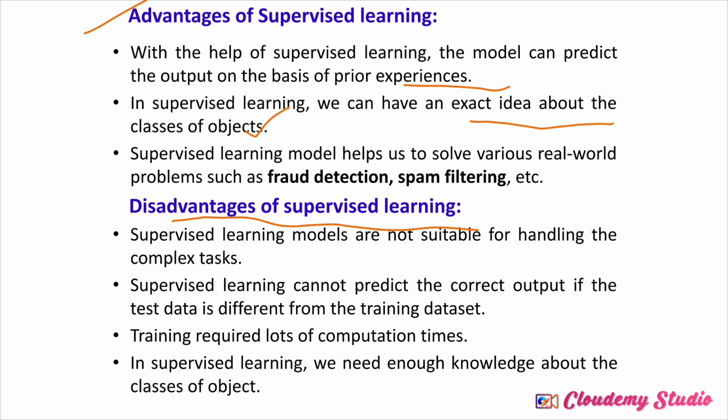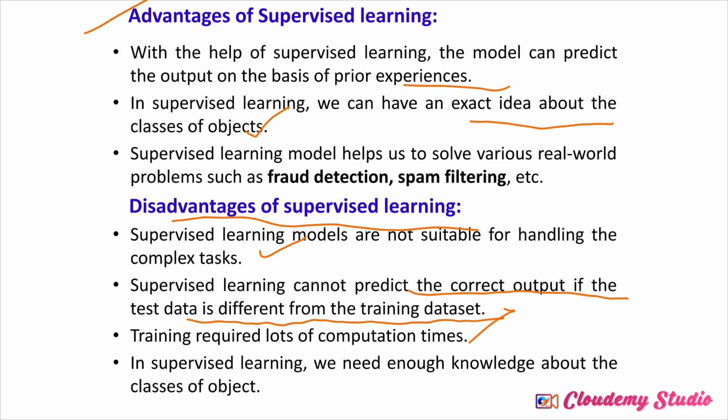Disadvantages are, first, supervised learning models are not suitable for handling complex tasks. If we want to solve very different kinds of tasks which are complex, then supervised learning models are not suitable. We will have to take another algorithm like unsupervised learning algorithm. Supervised learning cannot predict the correct output if the test data is different from the training data set.